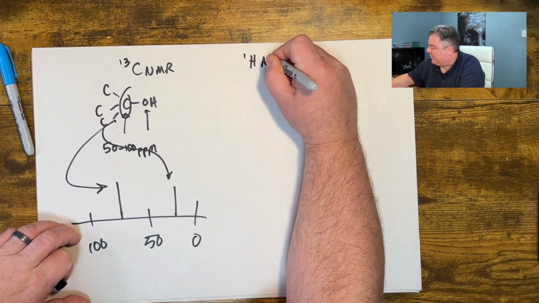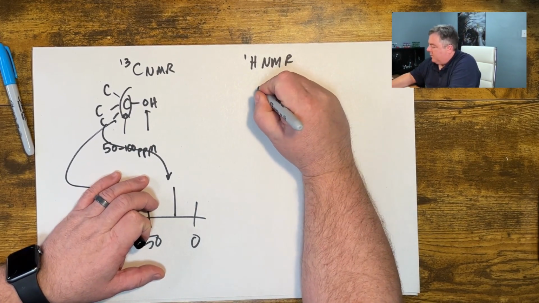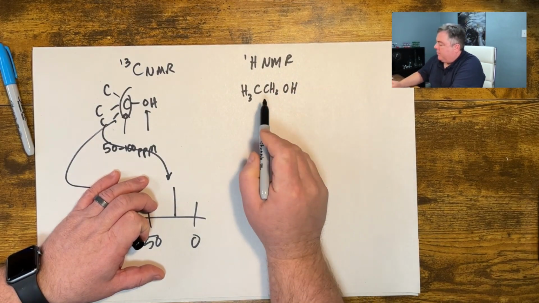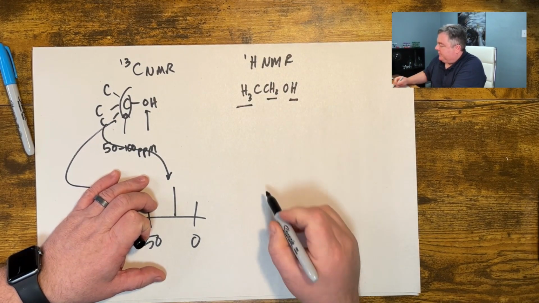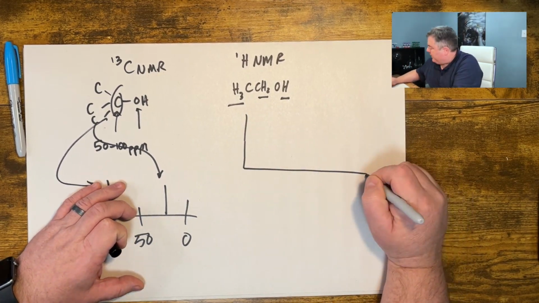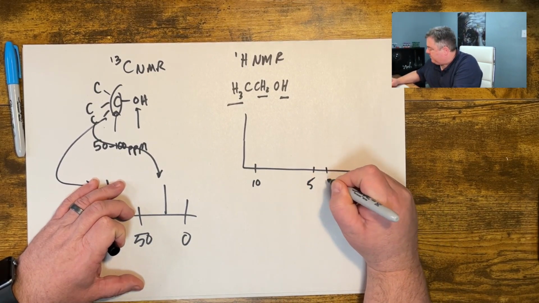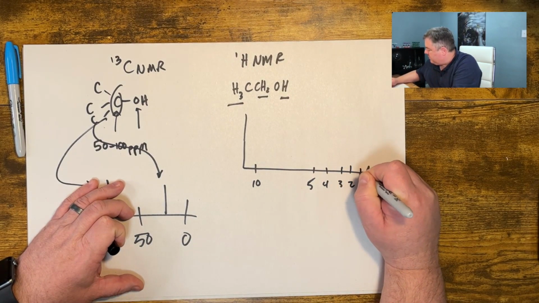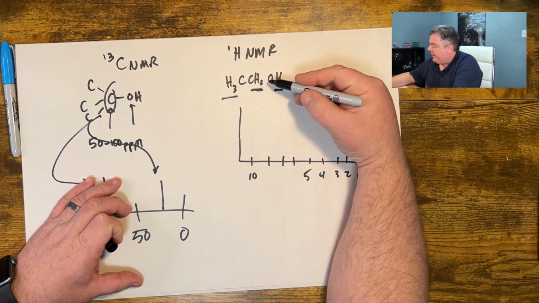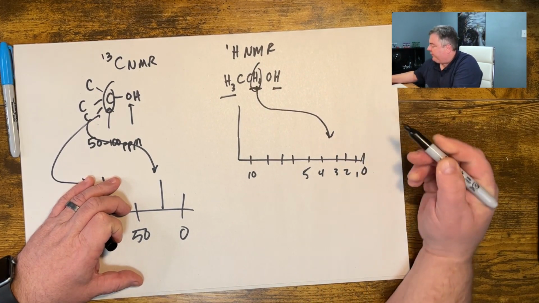For a proton NMR, let's pick ethanol. In proton NMR, of course, we're looking at the hydrogens. So in this example, we have from 0 to 10. Hydrogens that are on a carbon next door to the oxygen usually show up at 3 to 4.